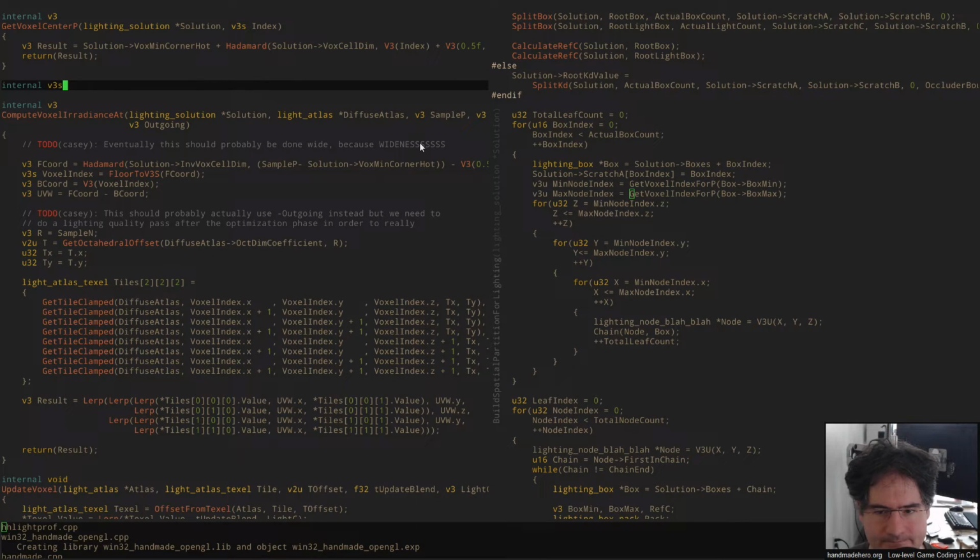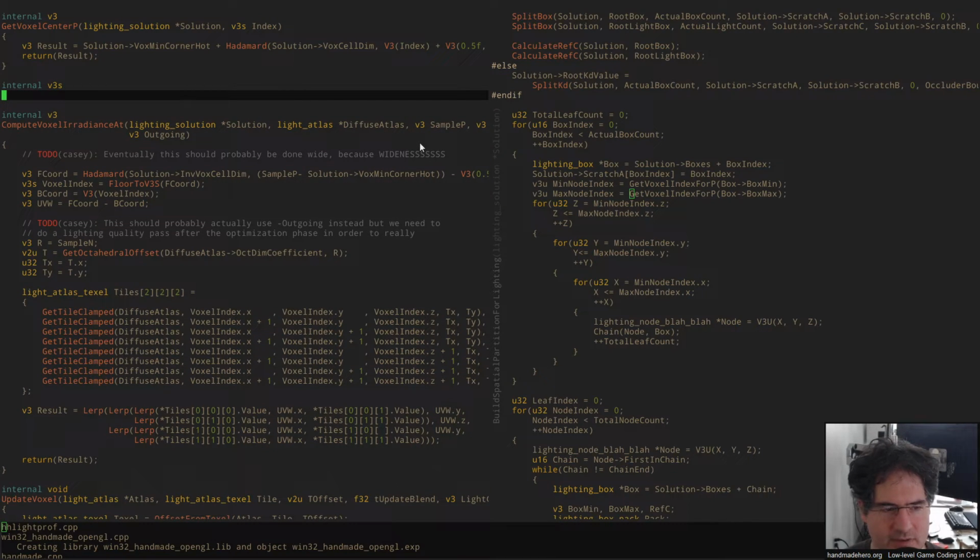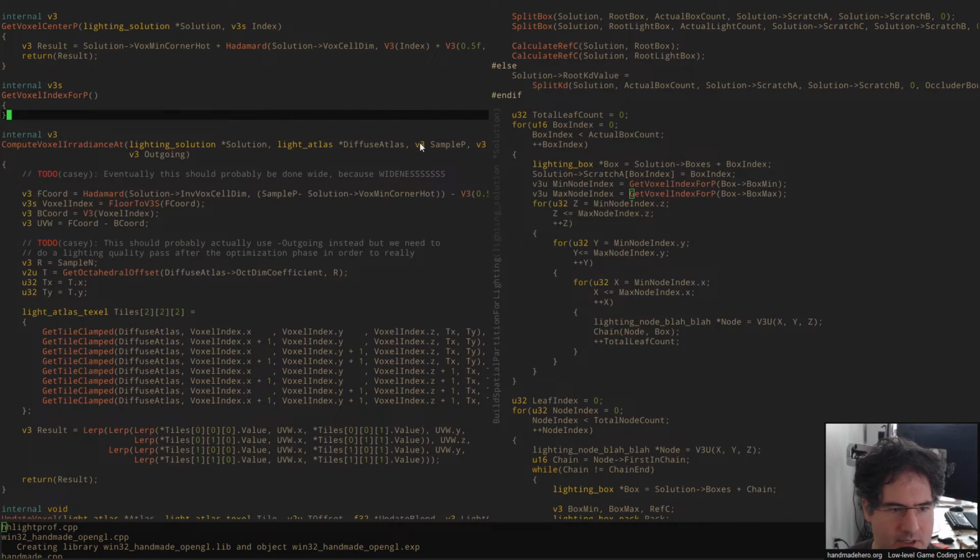I don't know to what extent we exactly want to handle that, because these should never really be out of bounds in that case, but we can talk about that later. So in this case, if I have a V3S and I say get voxel index for P, I want to do exactly this.